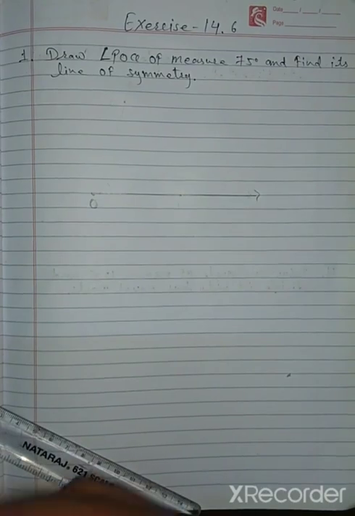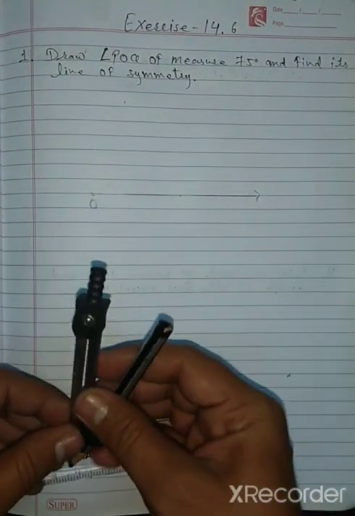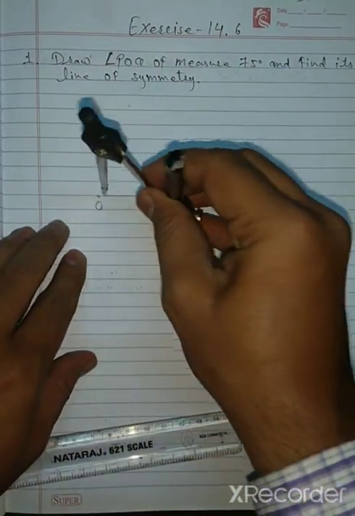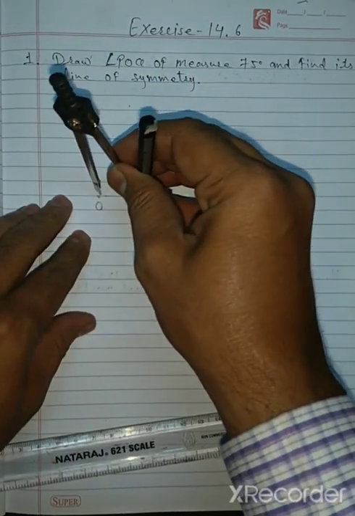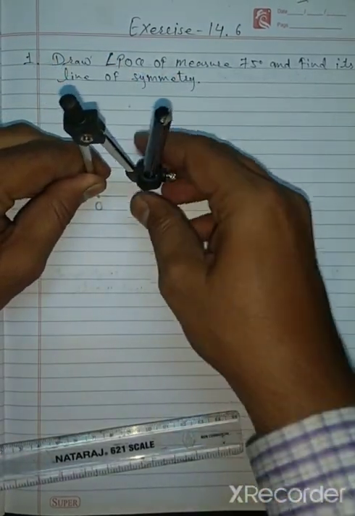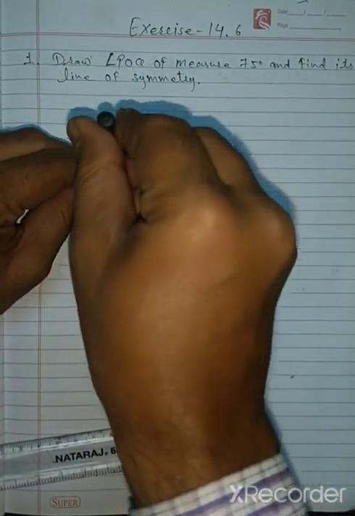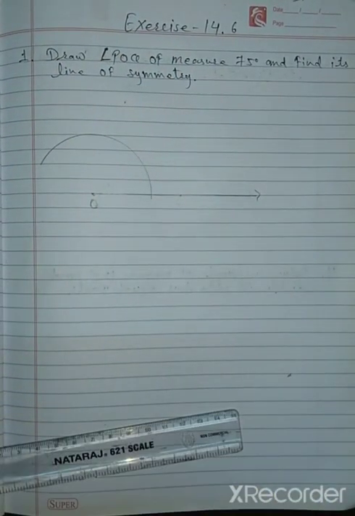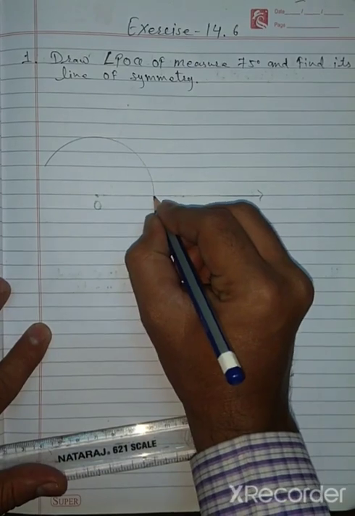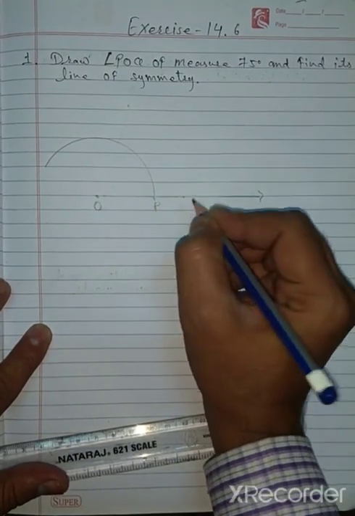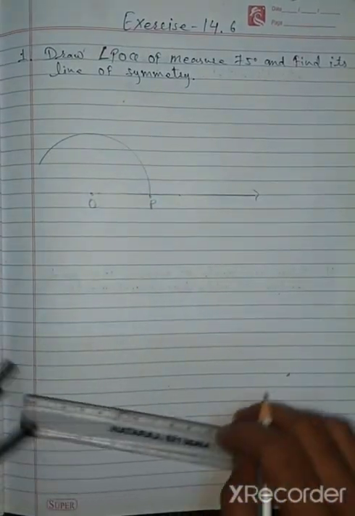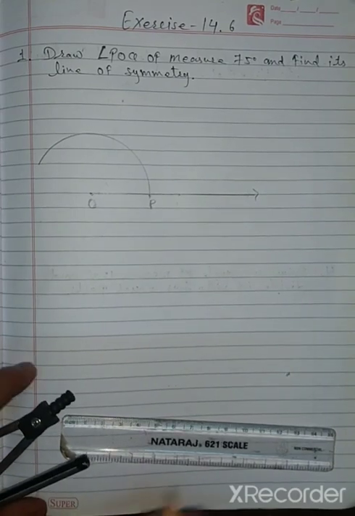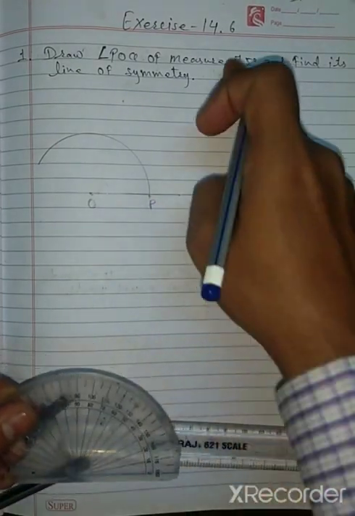Now with O as the center, we will draw an arc. You can take a convenient radius like this. Name this point P. Now with the help of a protractor, we will draw an angle of 75 degrees.